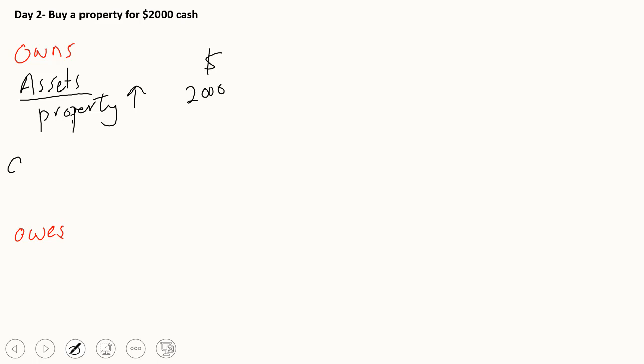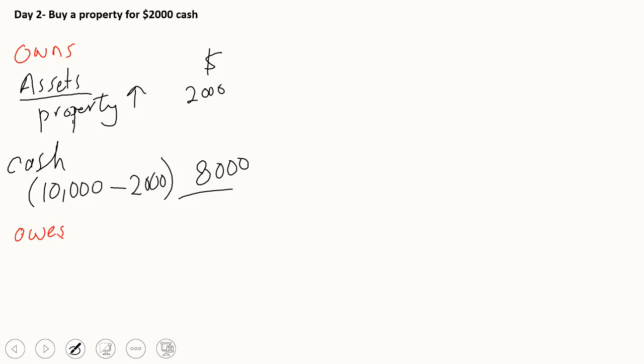Cash. So is cash the same now? No. How much was the cash before? 10,000, and it is decreased by 2,000. And it makes it 8,000. Is there any effect on liability?